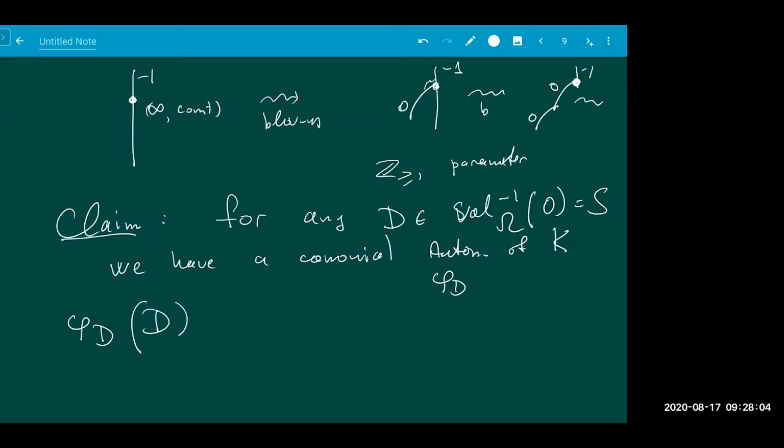D belongs to S, and what really happens is that phi_D of S differs from S only at one point. Phi_D of S will be S minus some point.